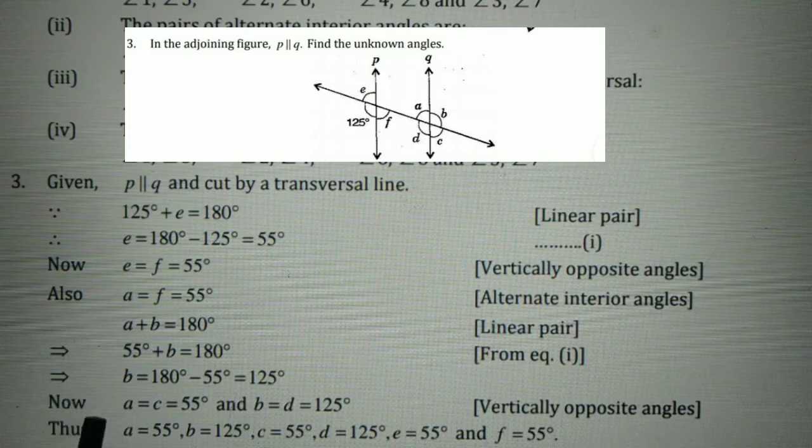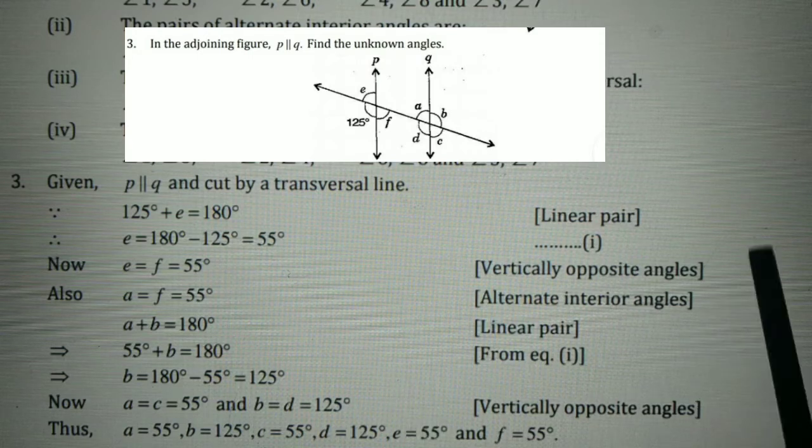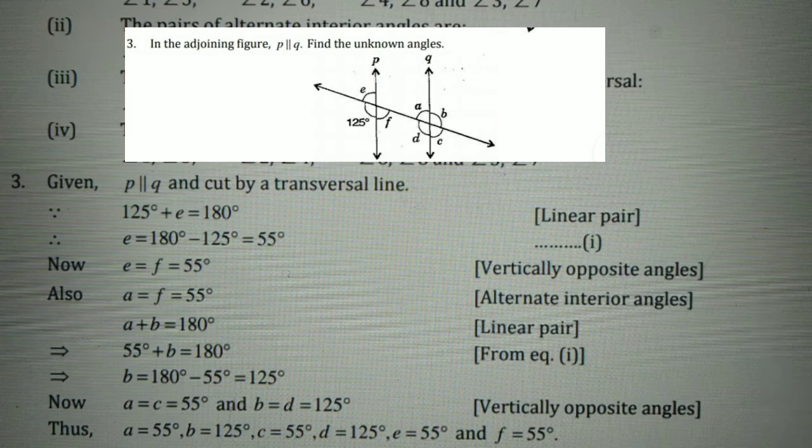So by putting the value of A, the value of B we get is equal to 125. So the value of A is equal to C, that is 55 degrees. The value of B is equal to D, that is 125 degrees, and they are vertically opposite. This is very important to write, because which property you are going to use must be written with the angles.